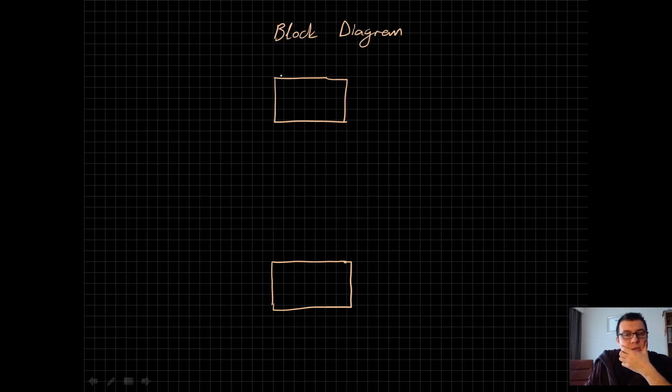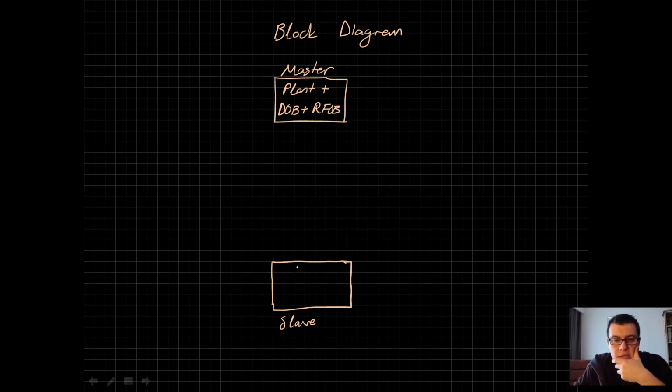Okay, this is master, this is slave, that is actually plant plus disturbance observer plus reaction force observer. This is also plant plus disturbance observer plus reaction force observer.